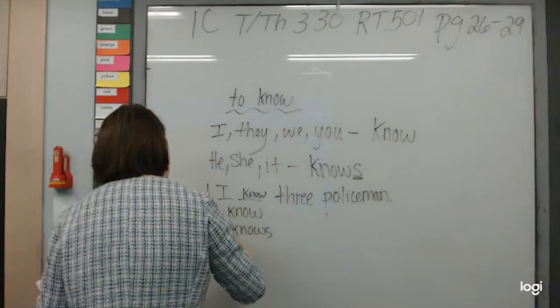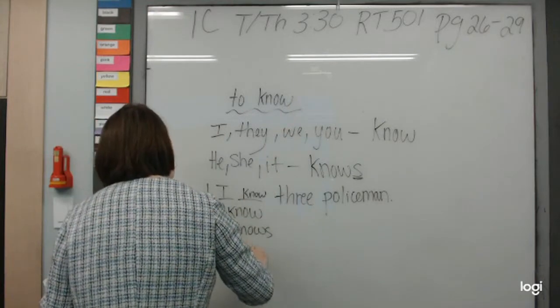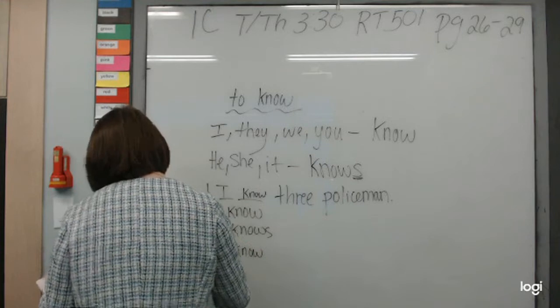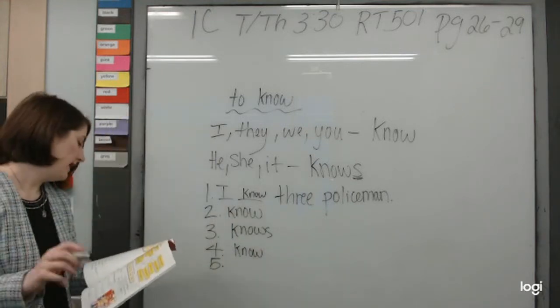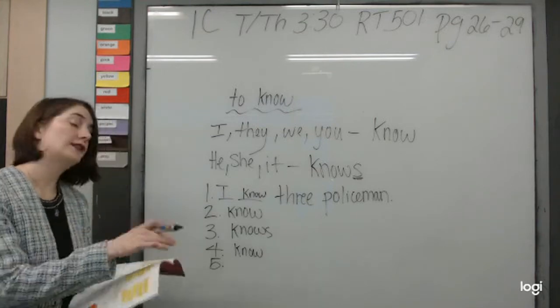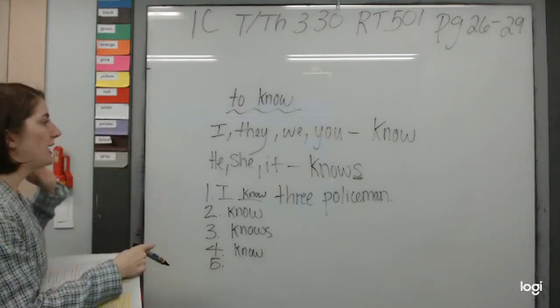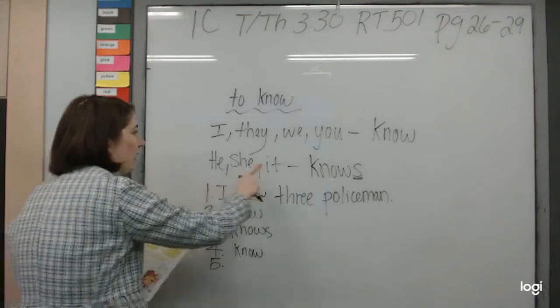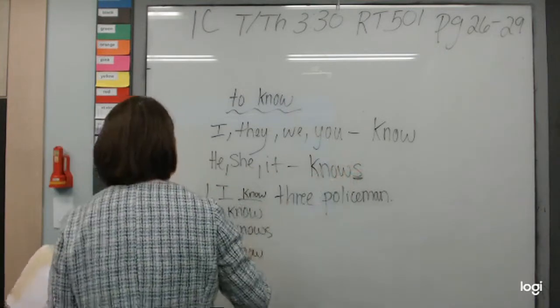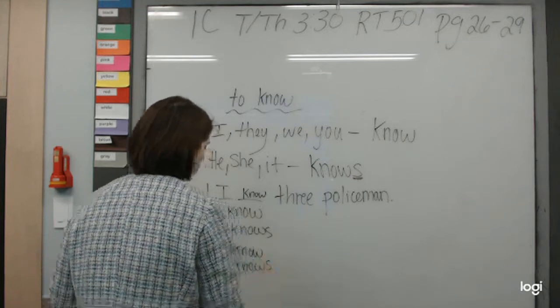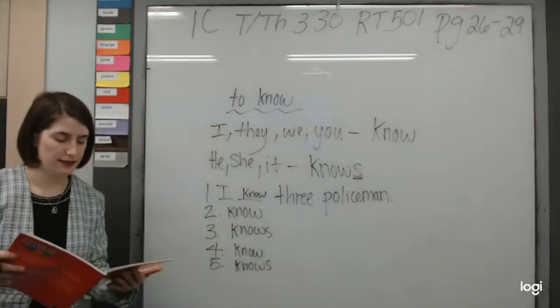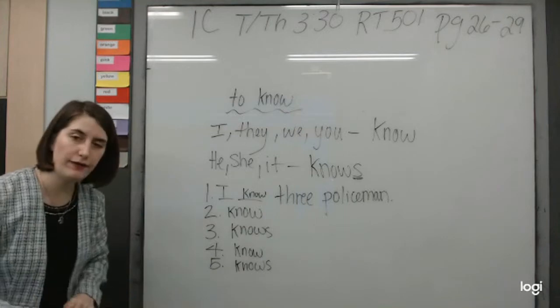So you know a hairdresser. And number 5, he, the doctor's at the hospital. He, let's see here. He, okay, knows. One person, S. He knows. All right, so that was easy enough, wasn't it?